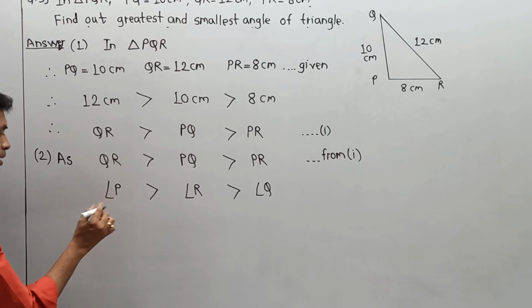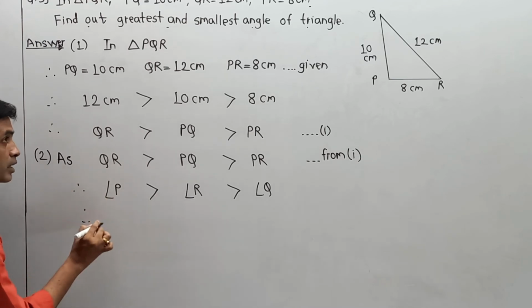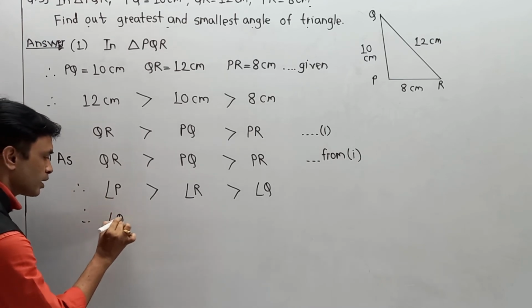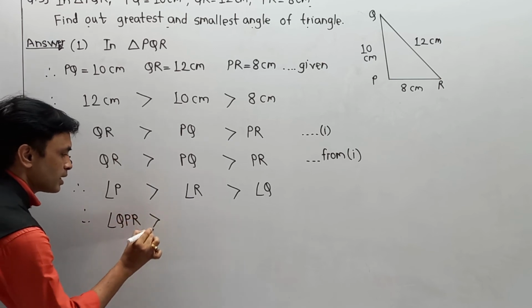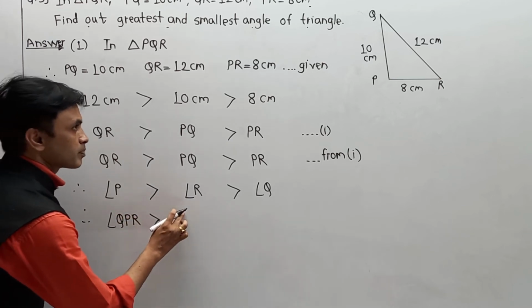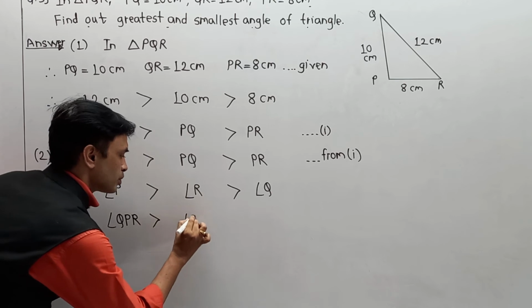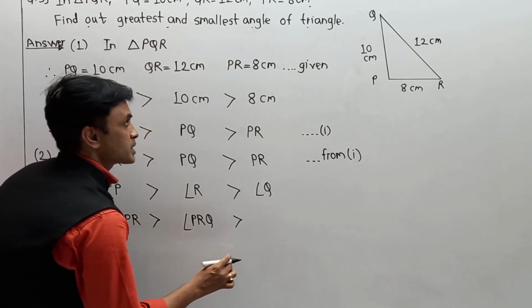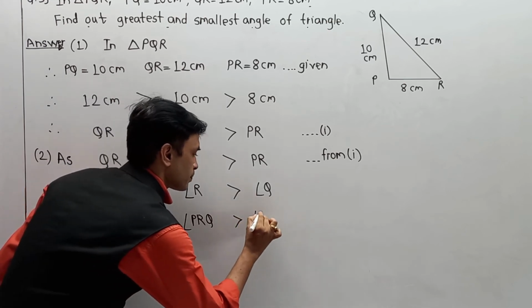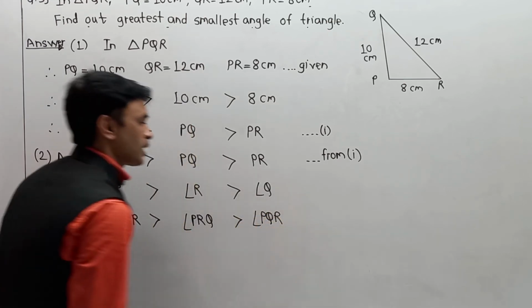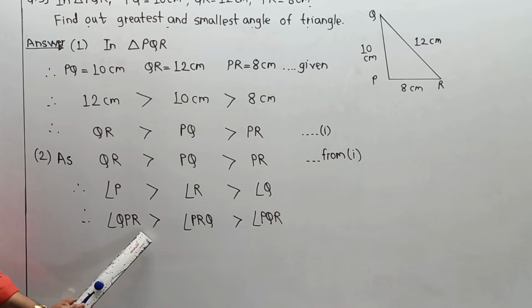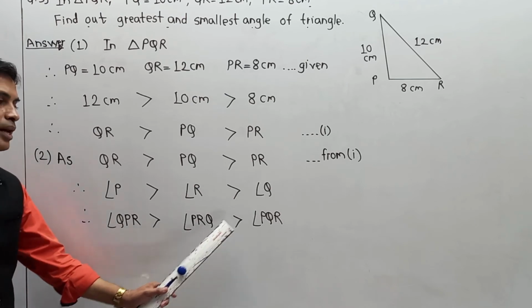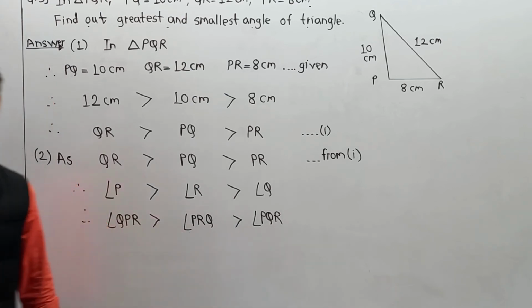Means angle P means our angle QPR, angle QPR is greater than angle R means angle PRQ, and angle Q means angle PQR. And in this way angle QPR is greater than angle PRQ greater than angle PQR.